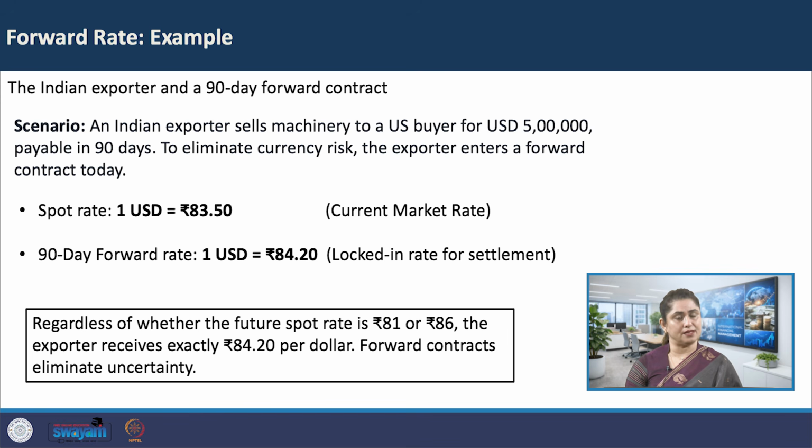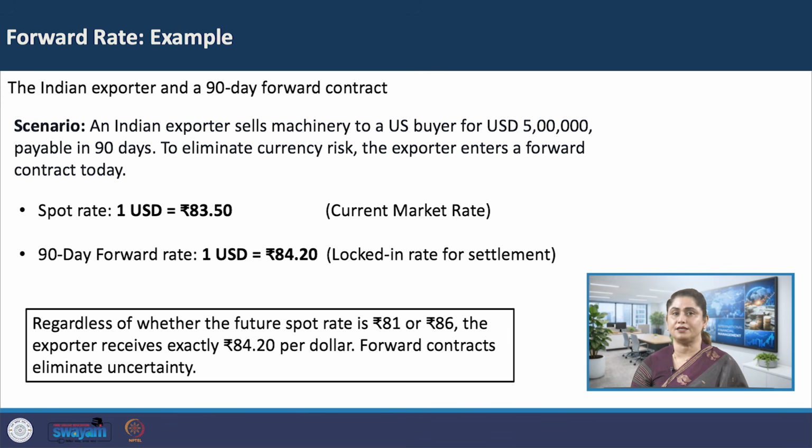To protect himself, he enters into a forward contract with his bank today. The bank agrees to buy his USD 5 lakh at a rate of 84.20 rupees per dollar, 90 days from now.